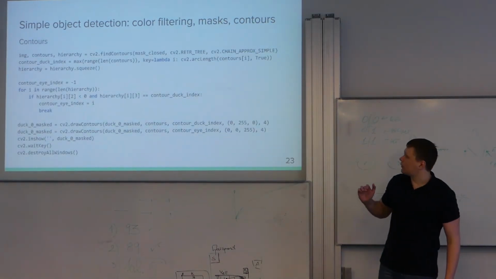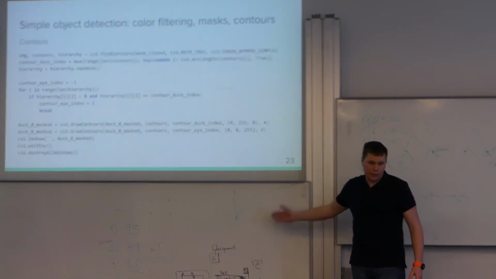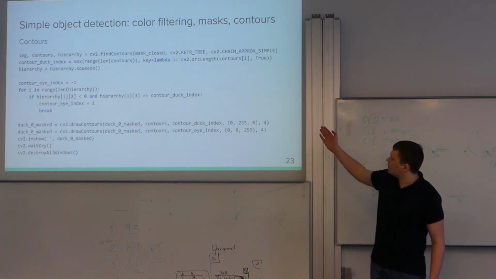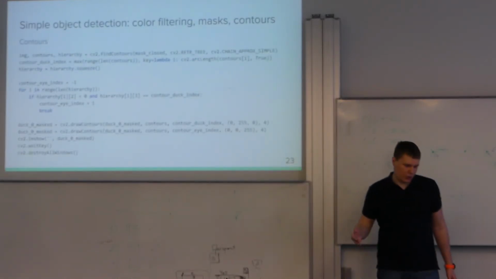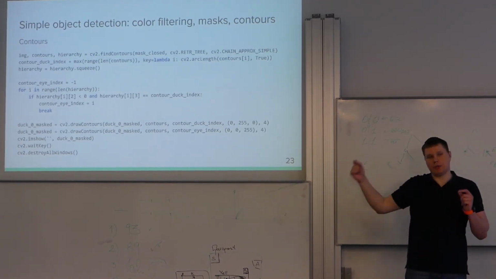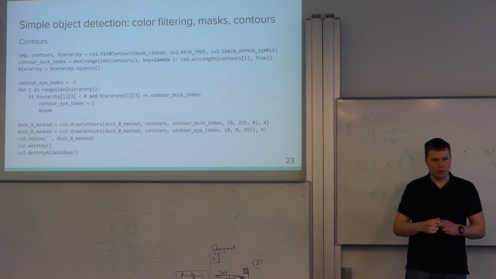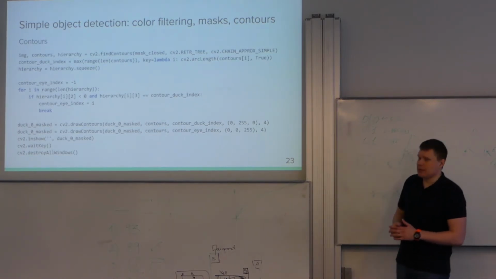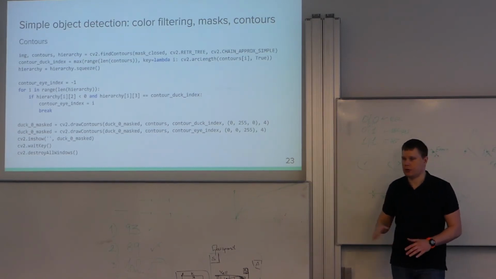So we use this prior information for our purposes. In the second line we chose the contour with maximal perimeter. It may be a little bit complicated, but I hope for you it's not complicated at all.